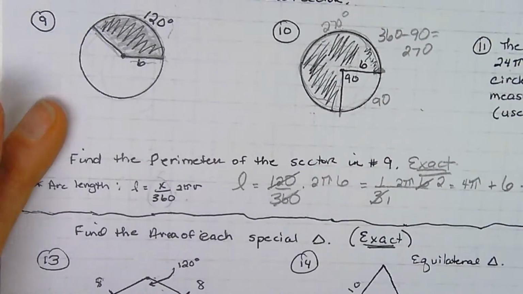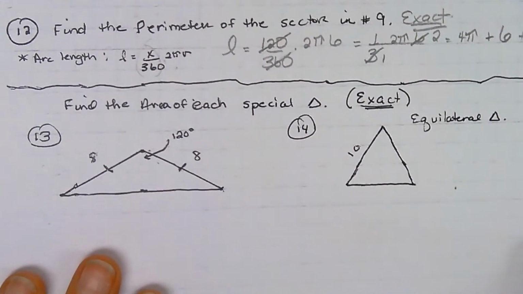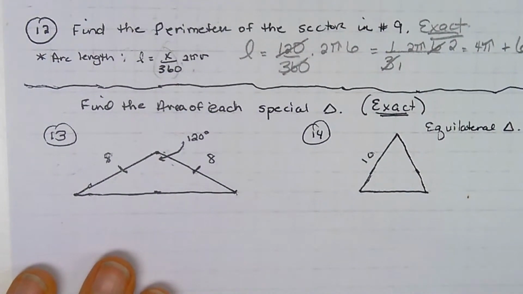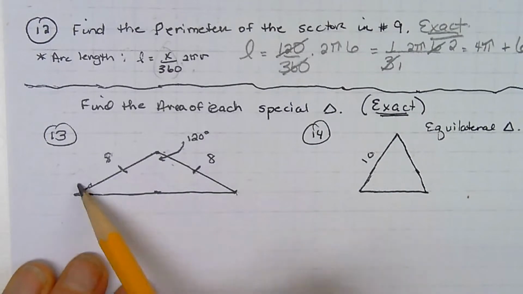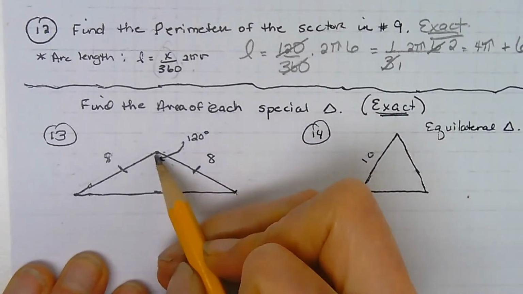Number 13. Let's find the area of these special triangles. And I mentioned today that these are pretty key figures in trig and other math classes. We have an isosceles triangle here, and we're asked to find the area of it. So we'll have to drop a height down.